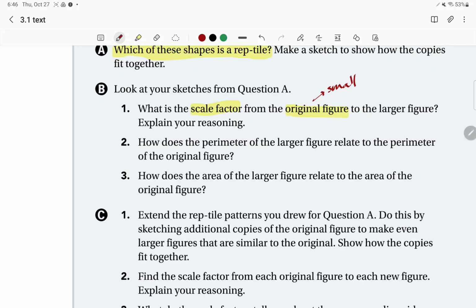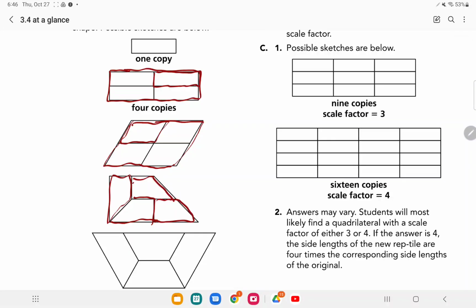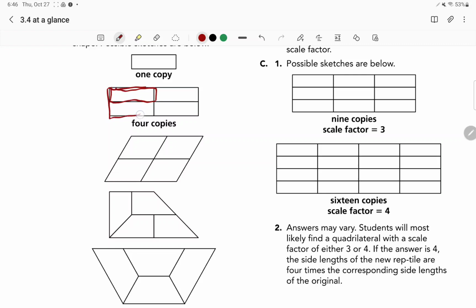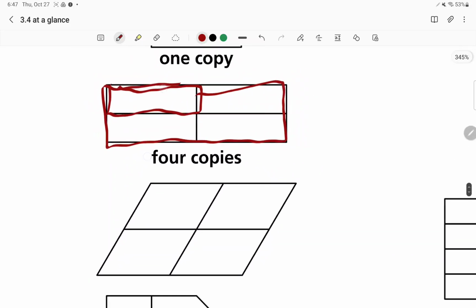But let's look at some of these that I just showed you. So here are some of the ones that I showed you. They're all very similar to each other, so they're going to have similar answers. So on the first one, right here, you have one rectangle makes up a larger, similar rectangle. All right. So this one rectangle right here, and you put 4 together, you would think the scale factor would be 4, but remember the scale factor is you're looking at side lengths.